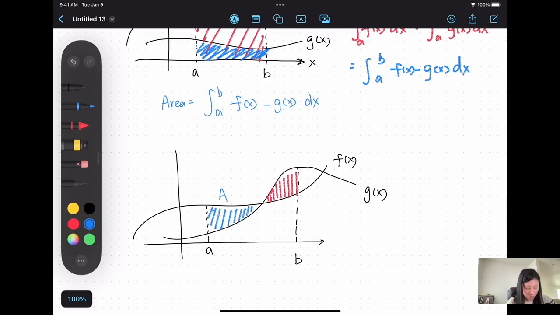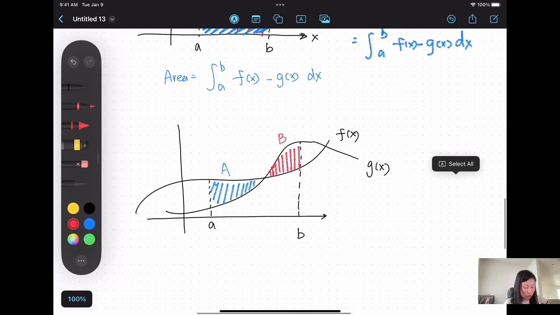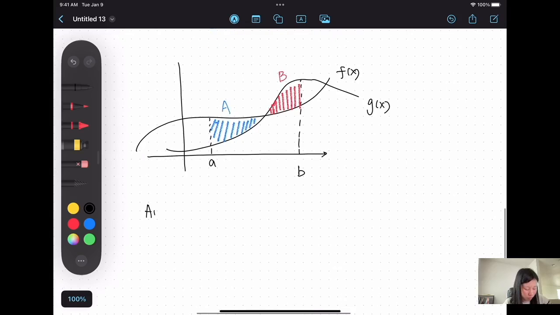Let's say this is our part B. So the total area equals the area from A plus the area from B. Let's say this point is C, between a and b.